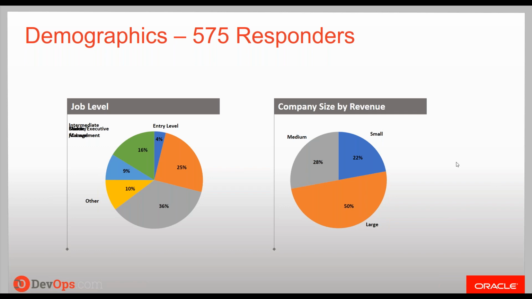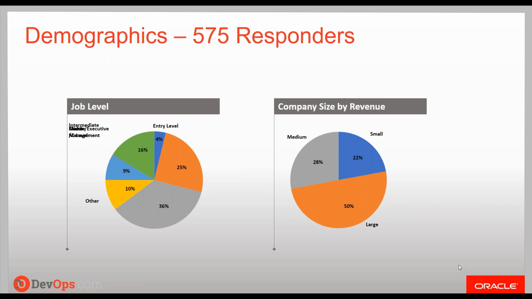First of all, 50% of the respondents were part of organizations that we would consider large enterprises. The other 50% was about half and half between medium and small. So a nice mix there, but certainly weighted towards large enterprise.